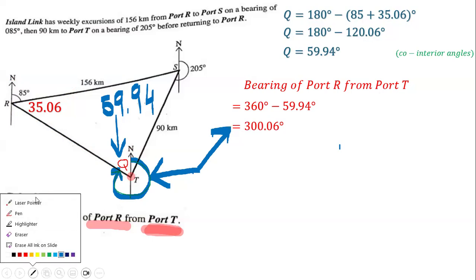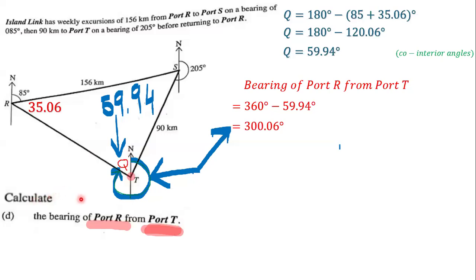Quick recap, what did we do? In order to find this bearing, the first thing we did was figure out what Q is. We figured out Q by identifying that this angle and Q are co-interior angles, so they must add up to 180 degrees. We add these two angles, take their sum and subtract it from 180 degrees, and that left us with 59.94 degrees. So Q is equal to 59.94 degrees.